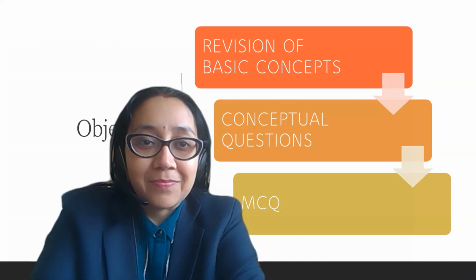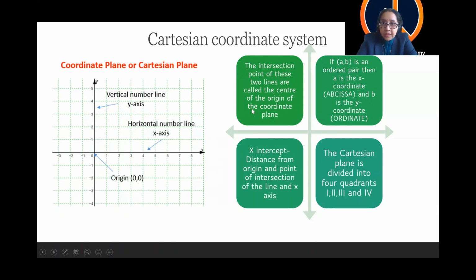Let's start. This is a Cartesian coordinate system where you can find the x-axis and the y-axis. The vertical axis is the y-axis and the horizontal axis is the x-axis, right? And the point where they meet, we call the origin, and the coordinate of this point is (0, 0).